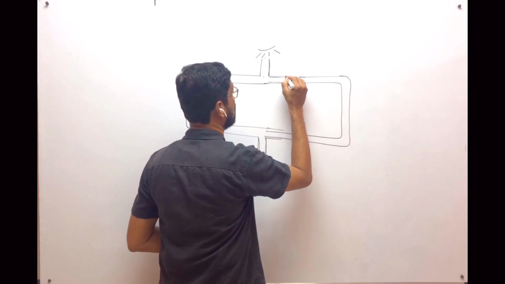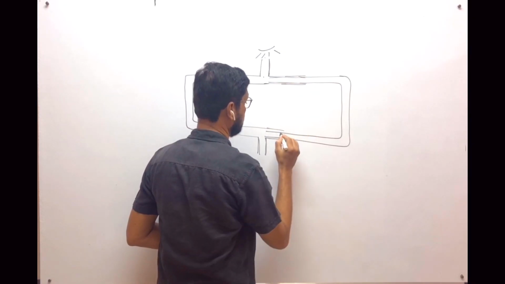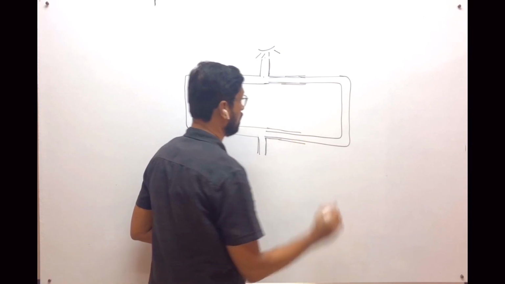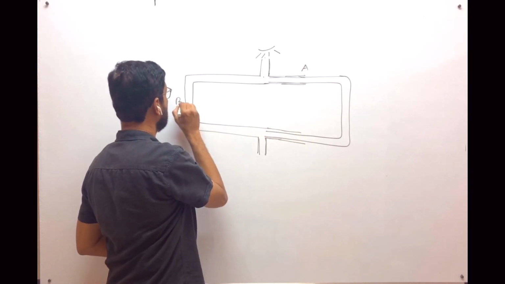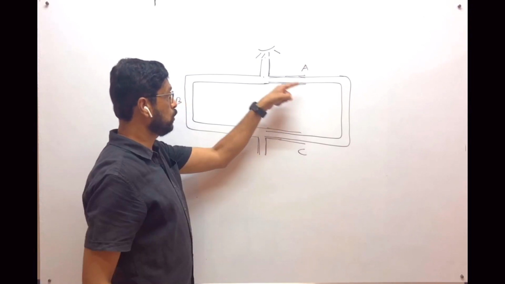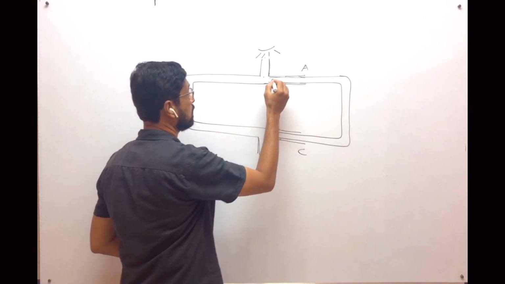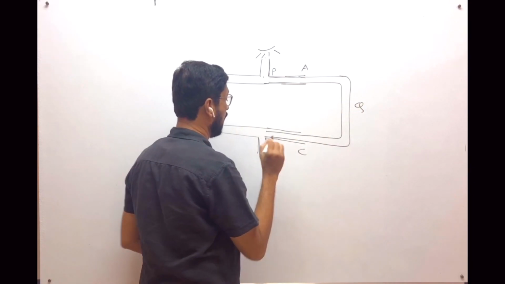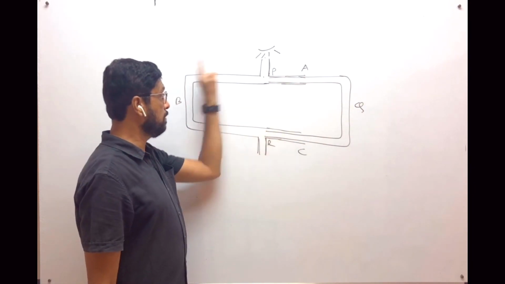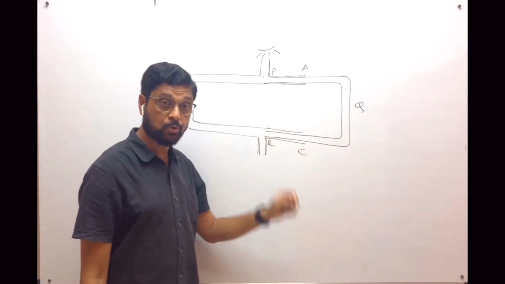So इसकी length थोड़ी ज़्यादा है ऐसी, right? Suppose this is tube A, B, C, and this is tube P, Q, R.